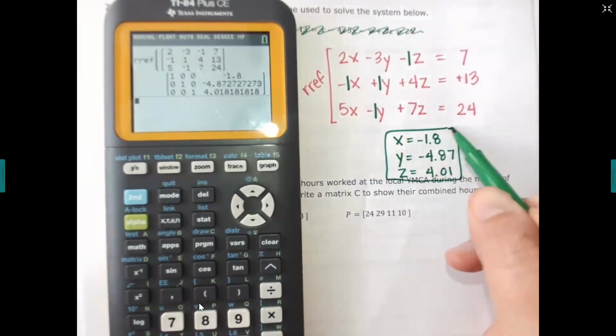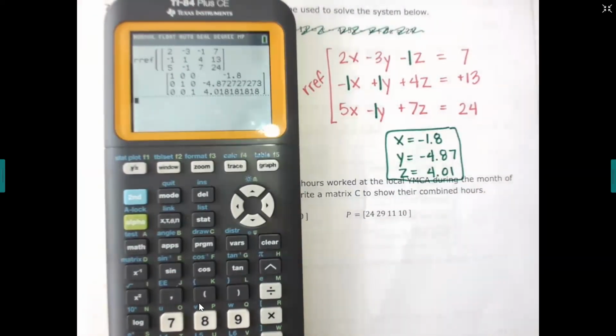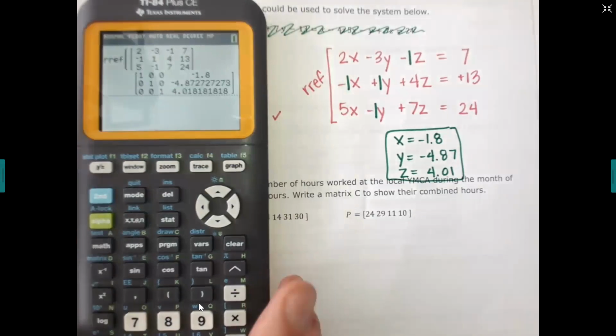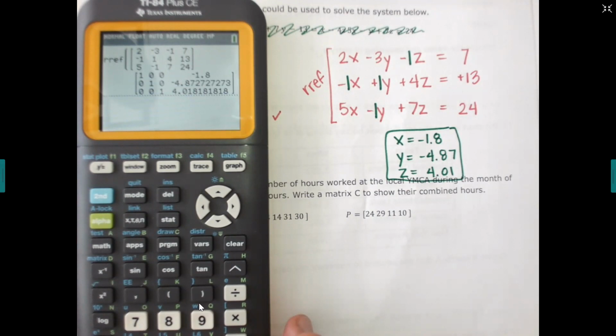But remember, you do not need all of the 1s and 0s. You really just care about that last column. Okay, are we all good with that?